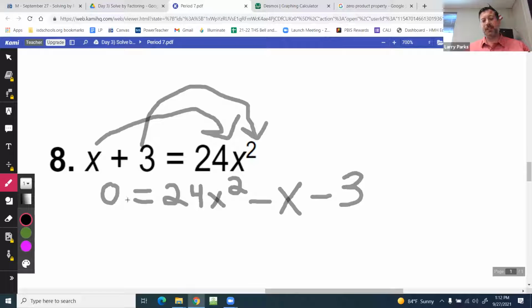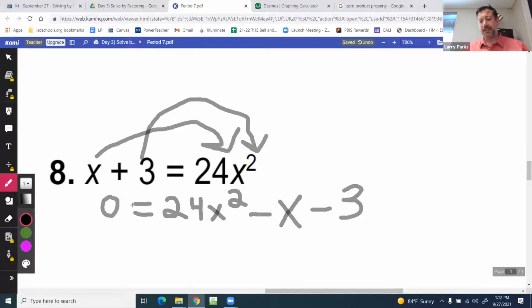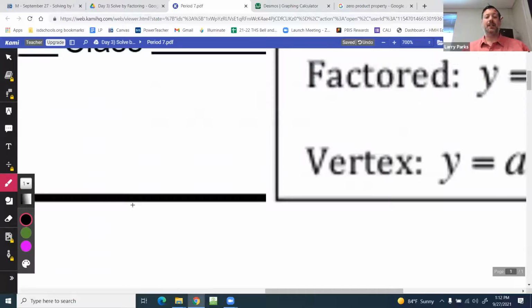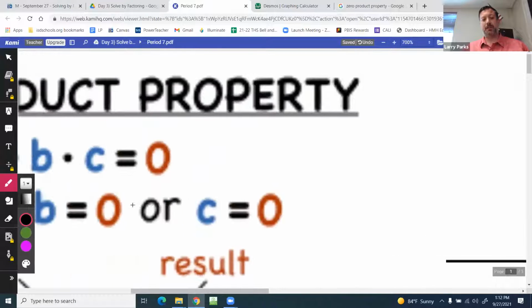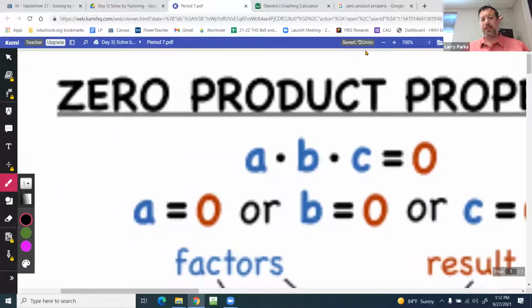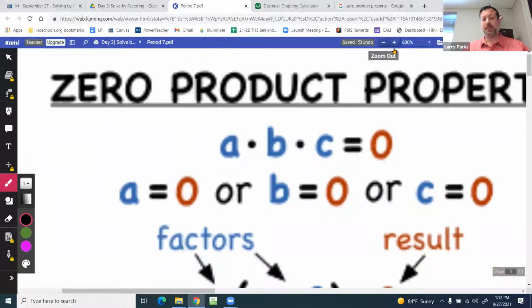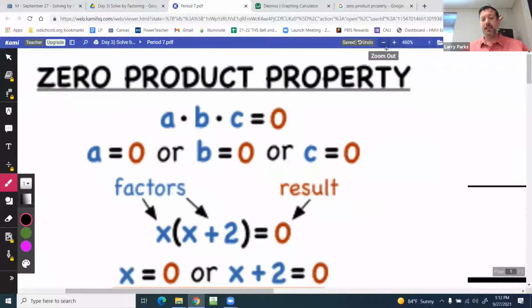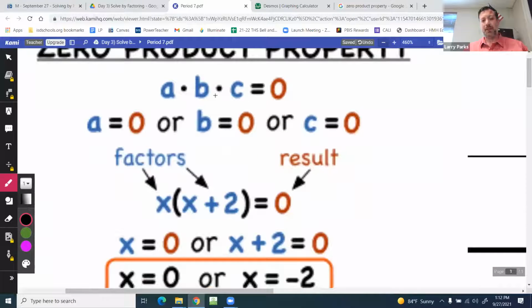So you may be wanting to know, why do you keep making this 0? And the reason why is we're going to use a new property. And the property is the zero product property. The zero product property says if you're multiplying 2, 3, 4, any set of numbers, and the product is 0, see how this says 0? Then that means that either A was 0, B was 0, or C was 0.